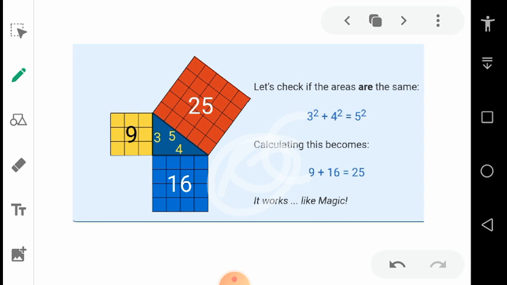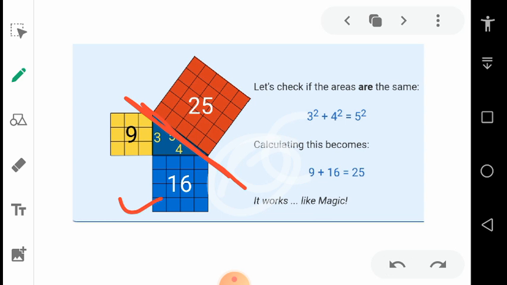So the area of the square is 9, because the area is side square, so 3 square is 9. Below it is a blue colored square because it is constructed over the side that is 4. So the area is 4 4 is 16. And finally the red colored square whose area is 25 because it is constructed over this side, that is the hypotenuse.